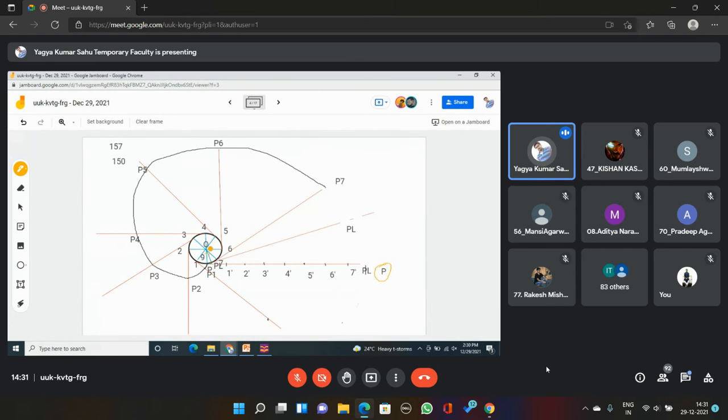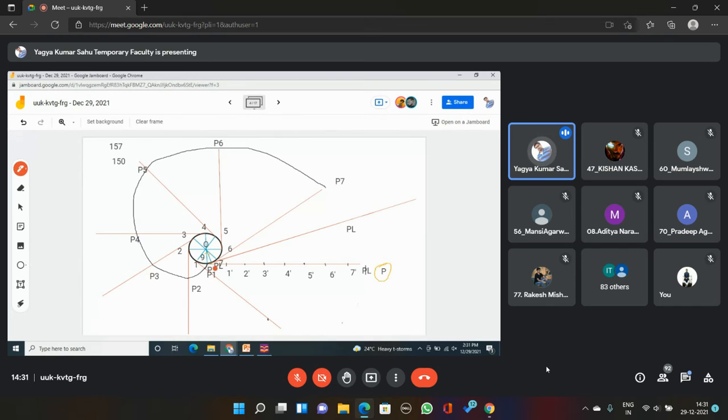Now draw a perpendicular to OPL, which is nothing but the tangent. We are drawing a tangent from this particular PL point like this. Now the last point will lie on this particular line, yes or no? Yes, sir.